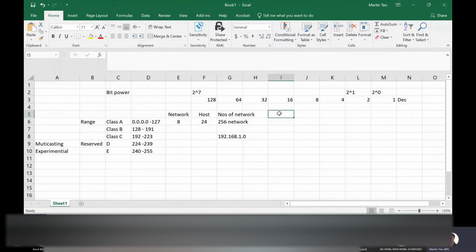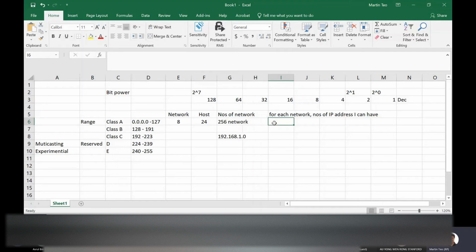And how many hosts can I have for each network? Well, that's a lot: 2 to the power of 24. For each network, that's the number of IP addresses I can have. Sometimes they call that the number of hosts, because each IP address will be carried by one host.